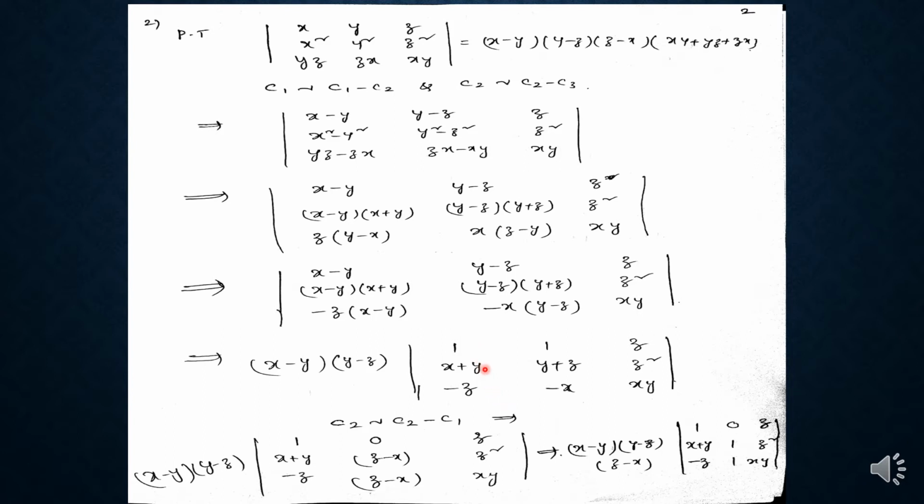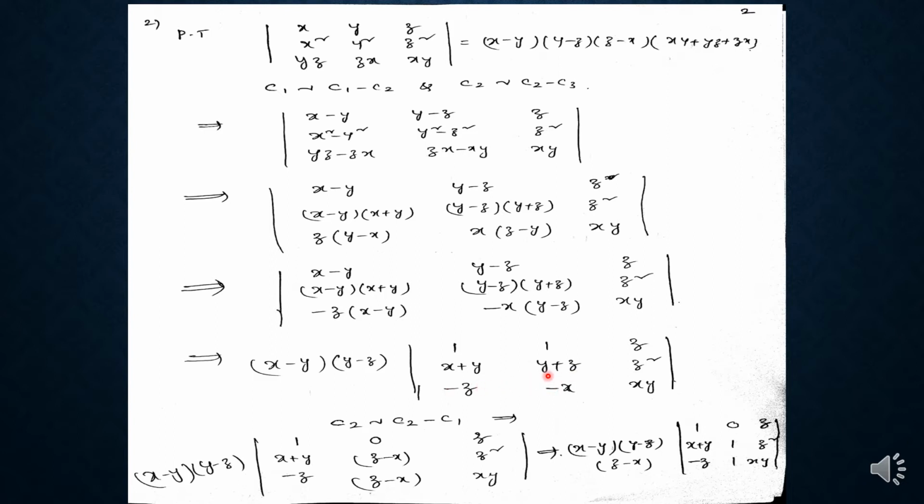So write 1, x + y, −z, and C2 changes to C2 − C1, that is 1 − 1 = 0, y + z − (x + y), that means y + z − x − y.